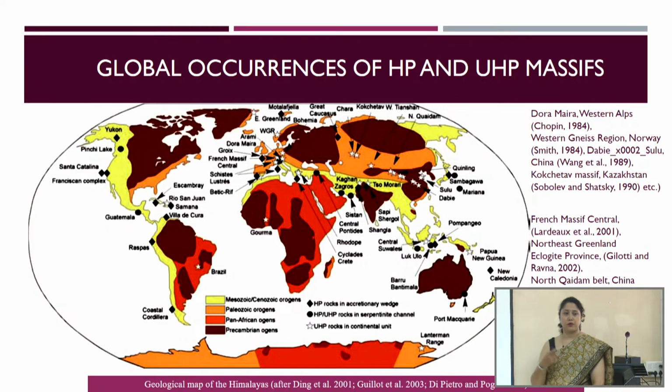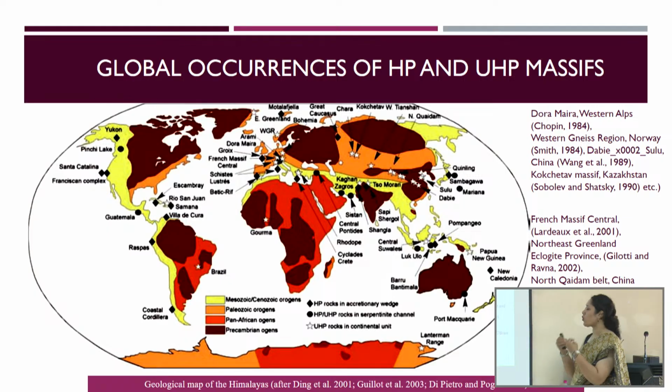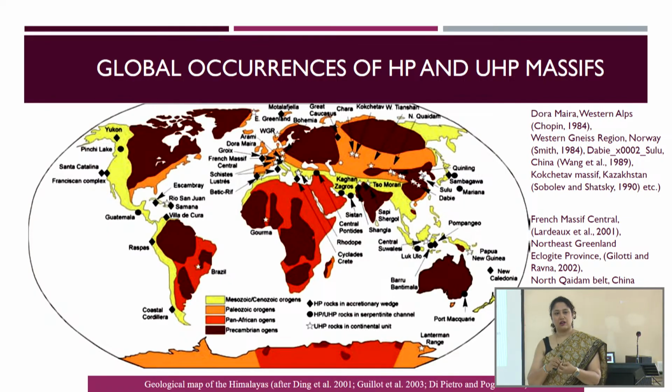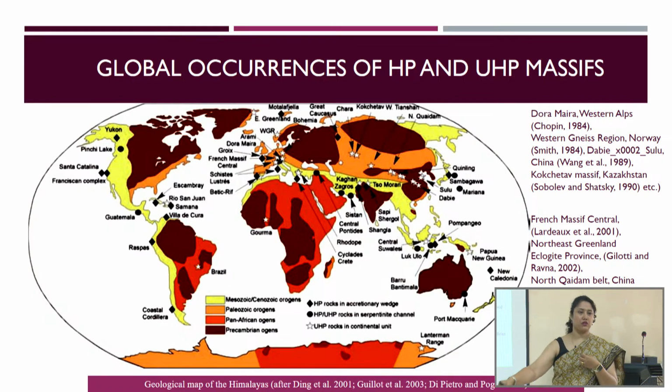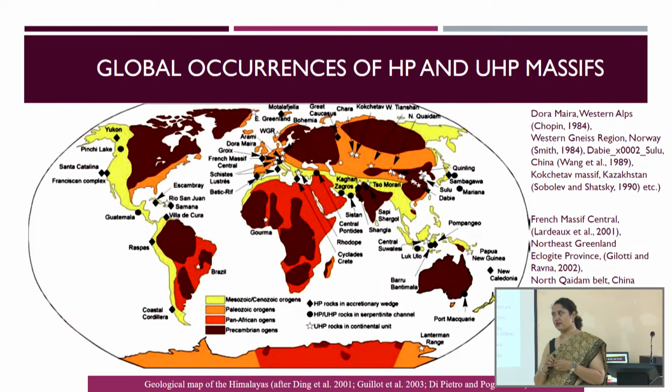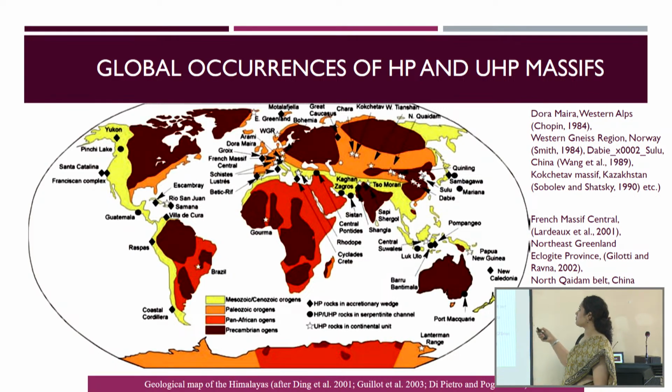Chopin, okay, Chopin was, but yeah, so Coes identified that silica has a high pressure polymorph, which is coesite, and Chopin was the first guy who identified it in the Dora Maira. So the Dora Maira then got established as an ultra high pressure metamorphic complex, and subsequently you have several more.